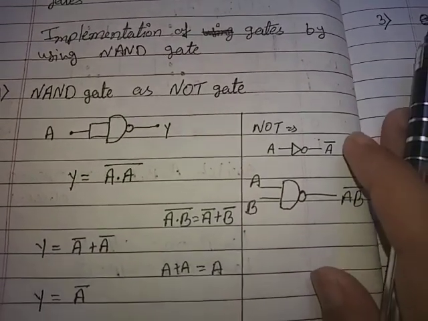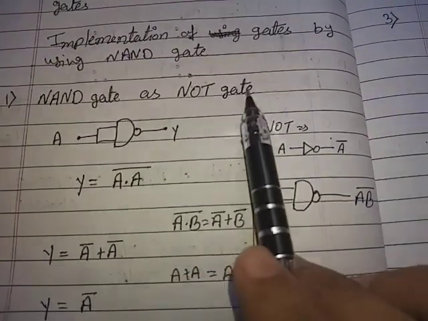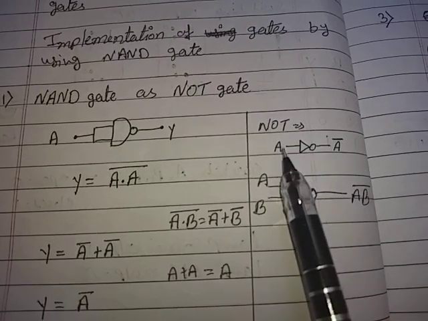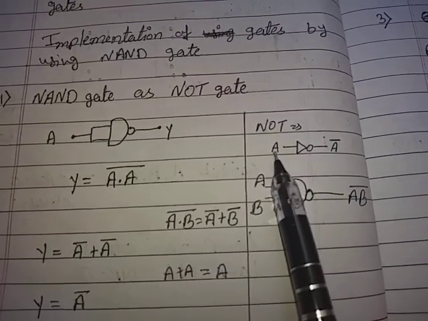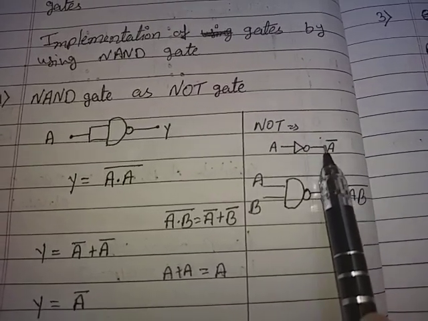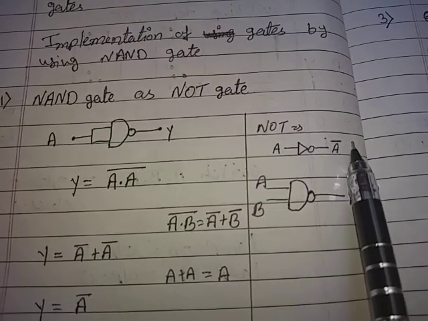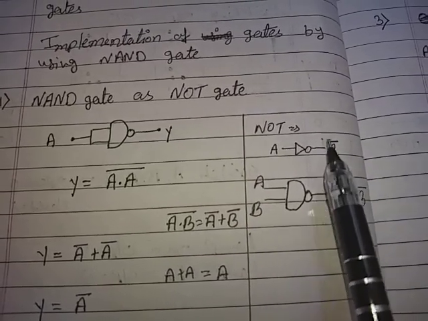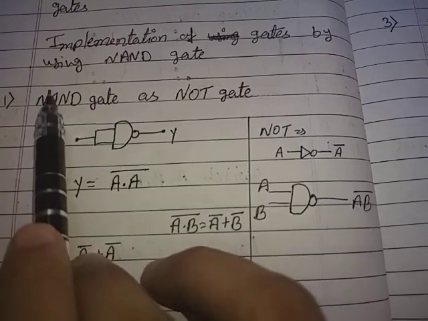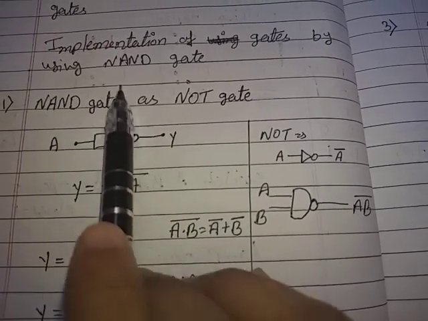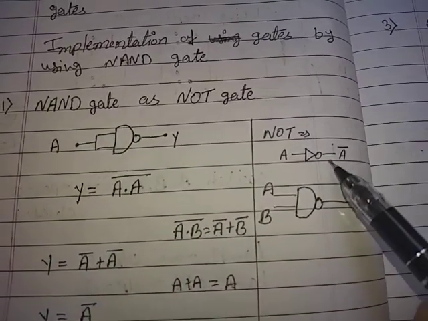So let's start with NAND gate as NOT gate. As we know, NOT gate is a single input, single output gate whose output is A bar. That means we have to give such input so that the output of NAND gate will be A bar.